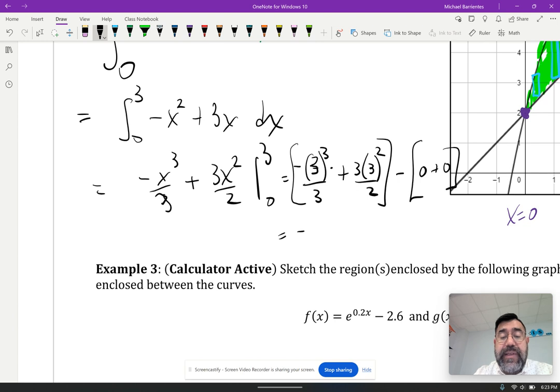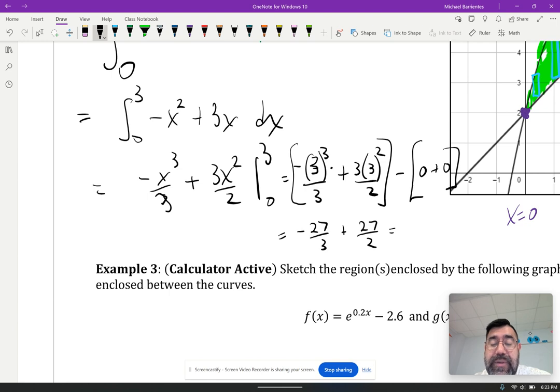Let's finish this. Negative 27 thirds. Isn't that just negative 9 plus 27 halves, I believe? Yes.